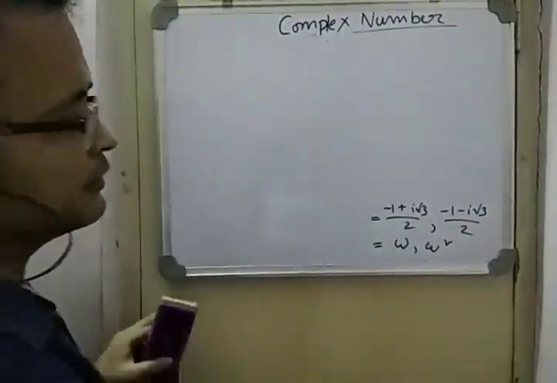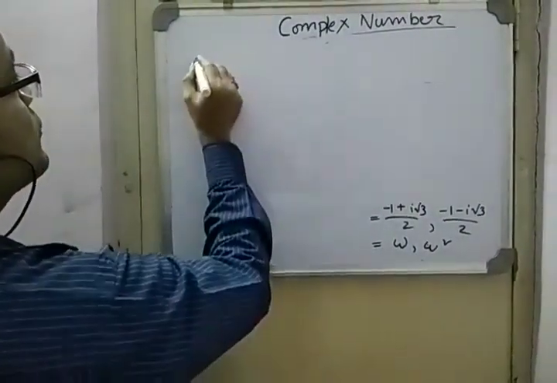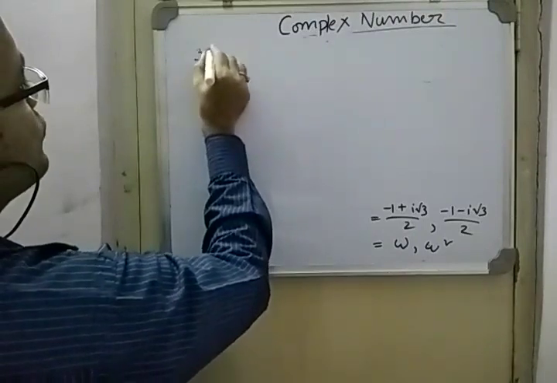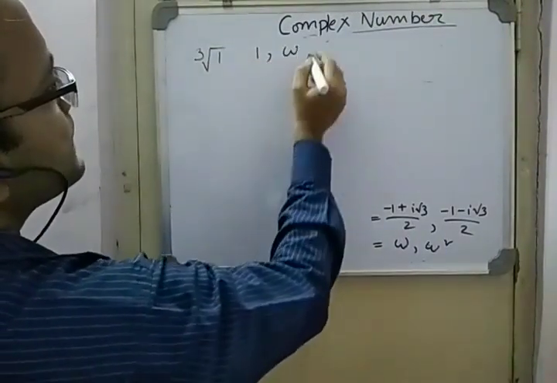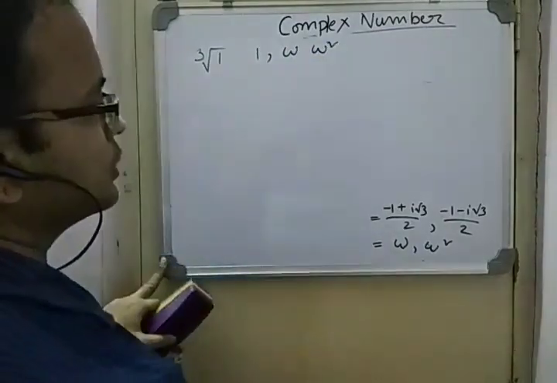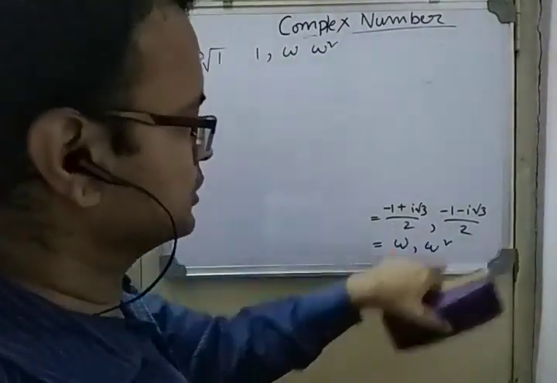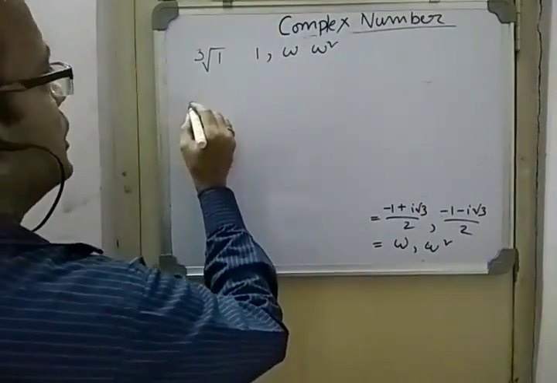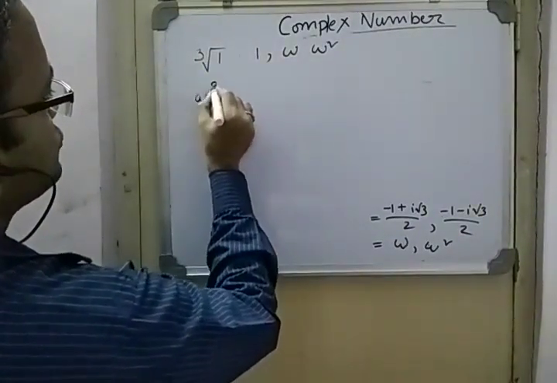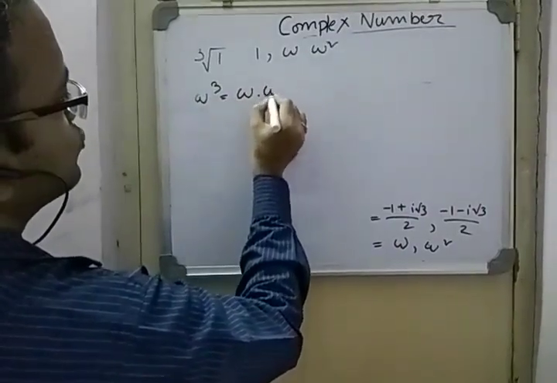There are two properties that we need to remember. First, the three cube roots of 1 are these, and omega is minus 1 plus i root 3 by 2; you have to remember these values. Now, what is omega cube? Omega into omega square.